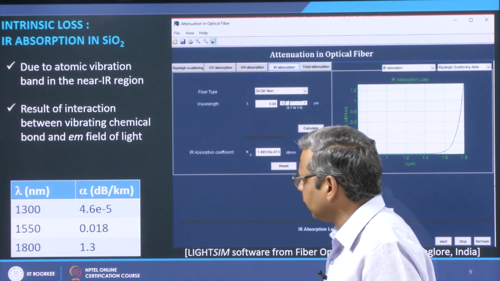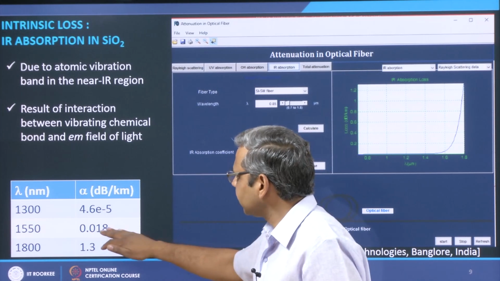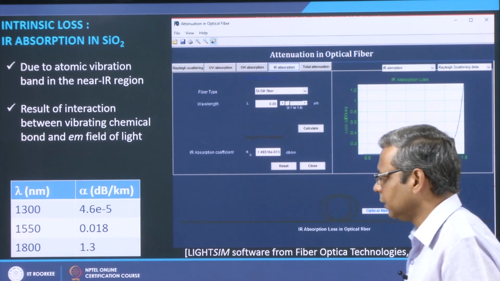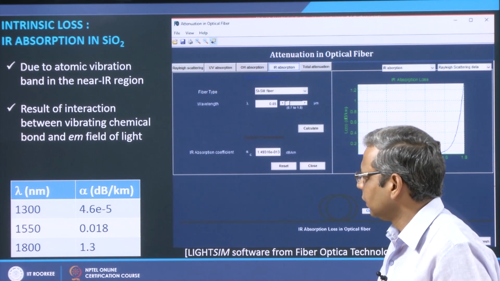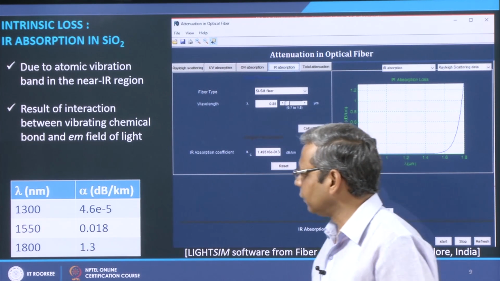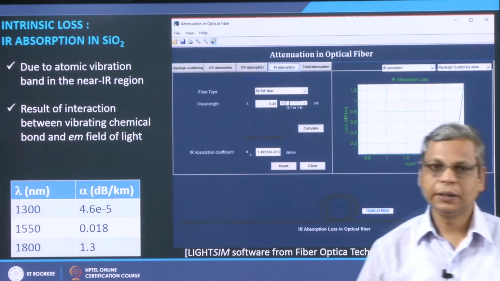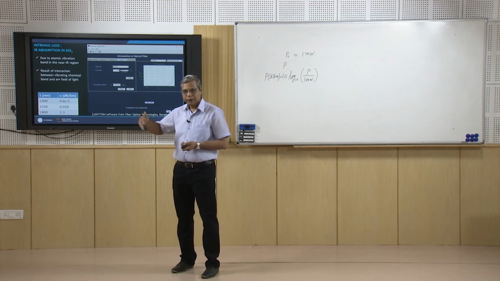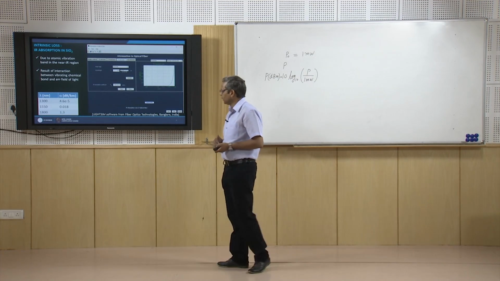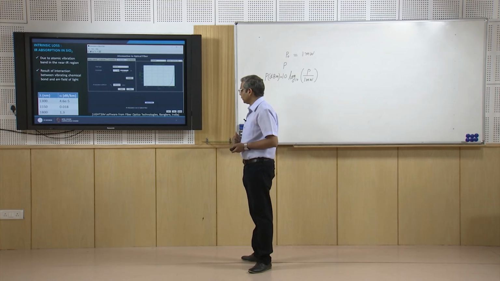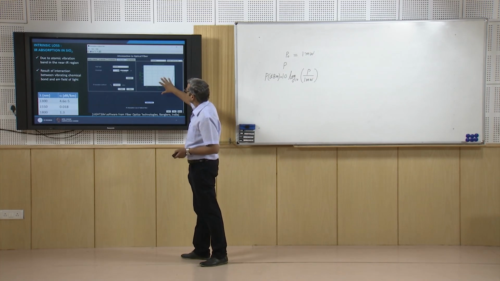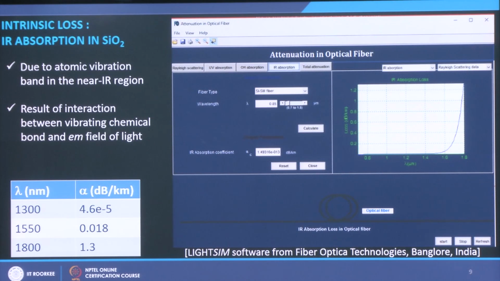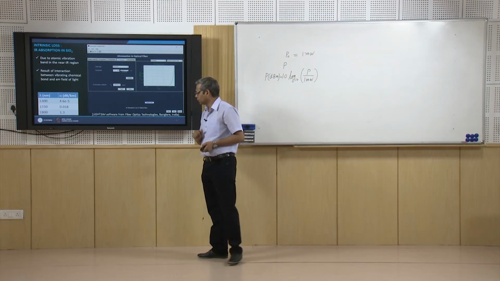At 1550, it is 0.018 dB per kilometer, and as I go towards 2 micron, at 1800 nanometer wavelength, it becomes 1.3 dB per kilometer, and beyond that it further increases. This is a snapshot of a software, LightSim, which is available with Fiber Optica Technologies, Bangalore.